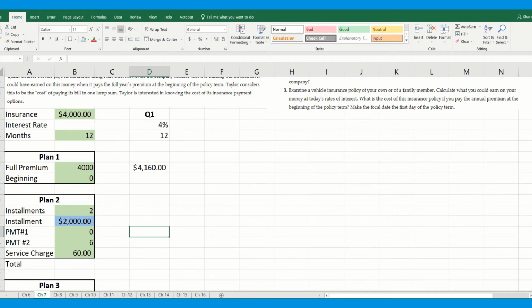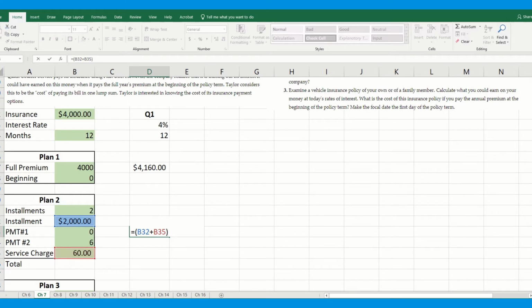So for the first one, we're going to go equals, and because I'm going to do an addition, I have $2,000 plus, oops, not equals, so let's do a plus the service charge, because they said there's a service charge on top of that.